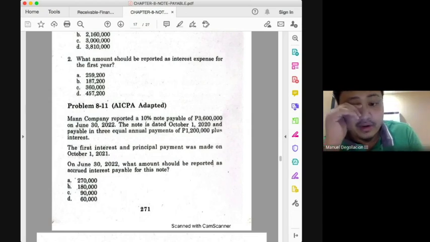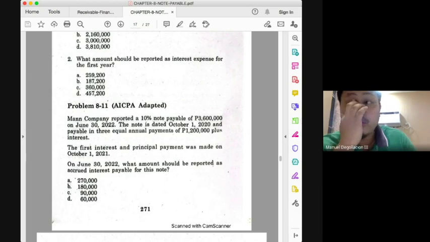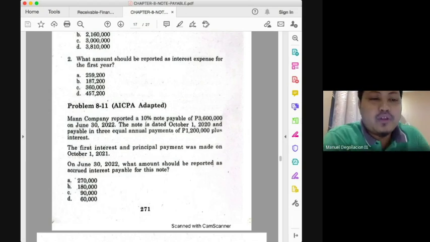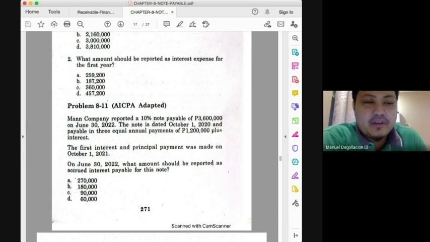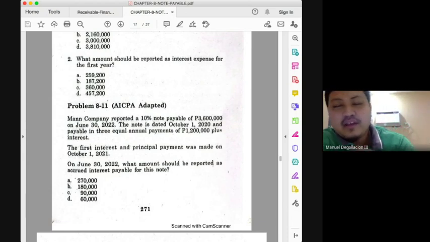You just get the correct proportion. If the 240,000 is the interest for 12 months, you compute how many months you are looking for. So that's October 1, 2021 to June 30, 2022. So October, November, December, and then plus 6 months in 2022. We're looking for 9 months worth of interest.